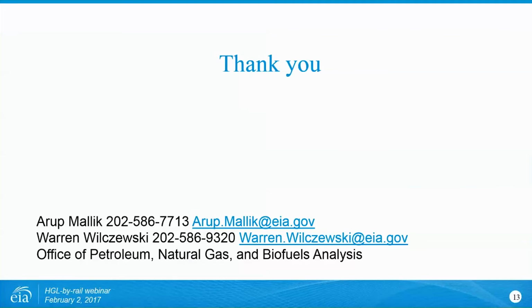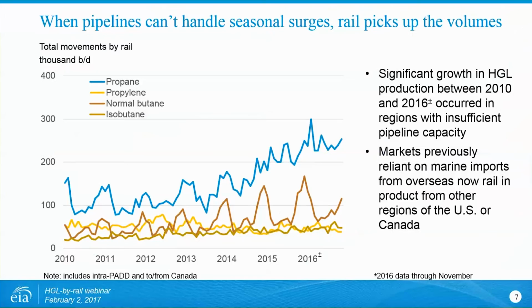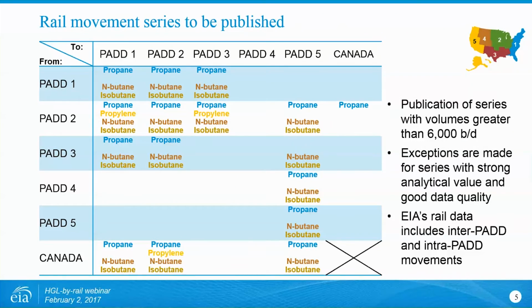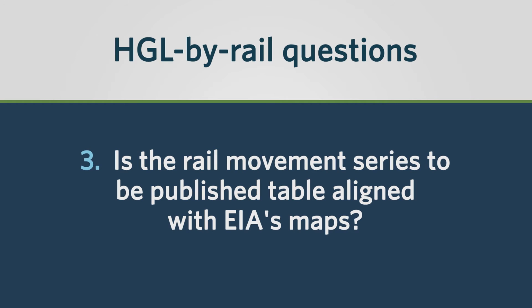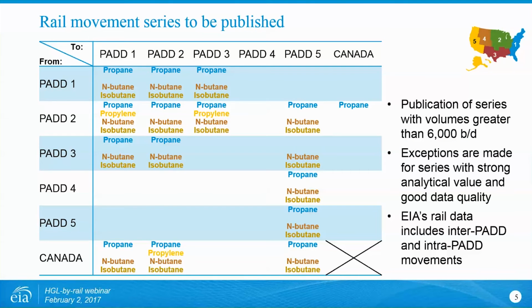Okay, real quick, can you go back to your slide where we show the rail movement series to be published? So we've received some questions where people are curious whether this is aligned with our maps. I just wanted to go through how to read this table so people understand what they're seeing. The from is your first column on the left.